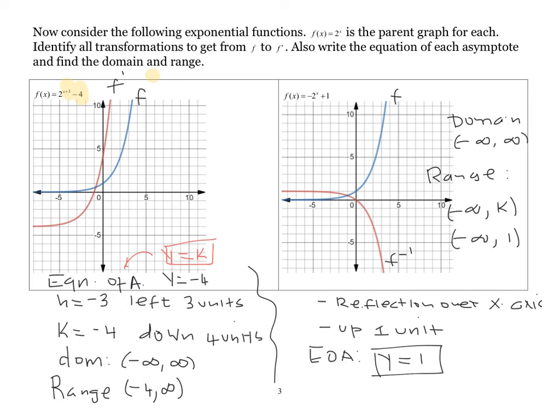And if I go back to the one I did here, I want you to see that the range is given by k, whatever the k value is, to positive infinity. That's a general way to remember it, so that when you see the equation, you are able to write the range by looking at the k value. Remember, the domain is always all real numbers, but for the range, just focus on the k value.